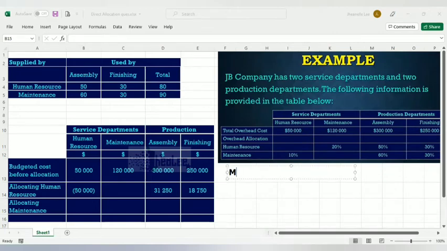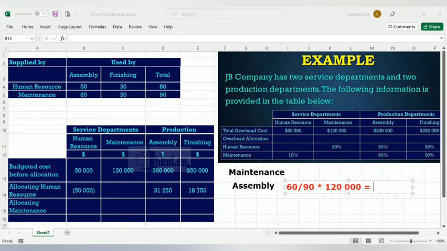So what we're sharing is the maintenance cost, and we are doing the calculation for the assembly department first. And for that, going back to step one to pick up your information, it is 60 divided by the total of 90 and multiply that by the value that we are sharing, which is $120,000, and that gives us a value of 80,000.